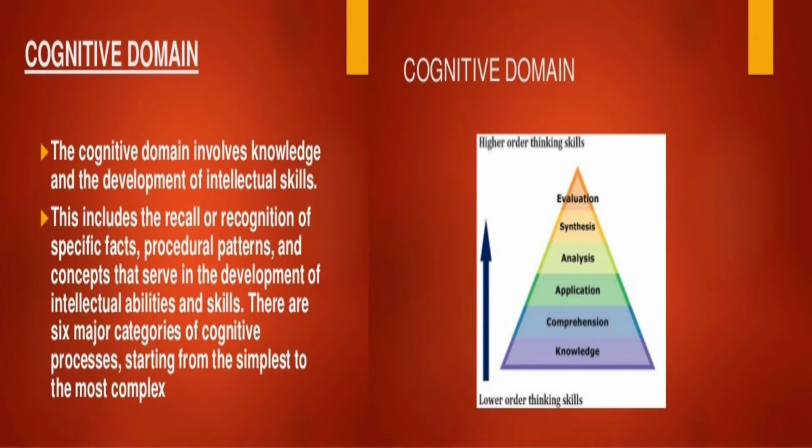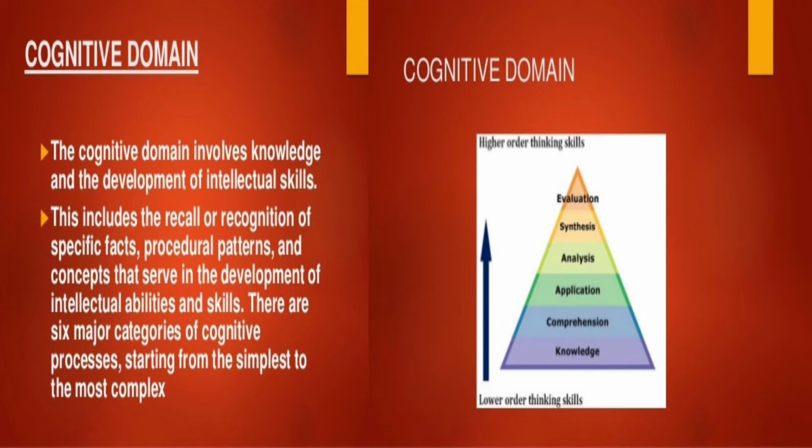Then the next stage is synthesis, where you try to combine all your knowledge, putting together all that you know, and you start making an invention or a combination of that. So here the words like create, design, develop will be used as action verbs at this stage.